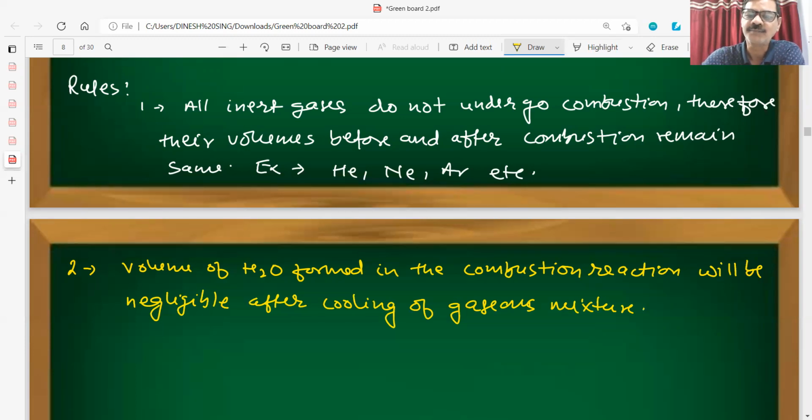When it is completely converted into gaseous state at STP, the volume will become 22,400 ml. So if we compare 18 ml of liquid volume with 22,400 ml in gaseous state, that volume is negligible. So we always consider the volume of water formed in the reaction after cooling of the gaseous mixture. This is one point.